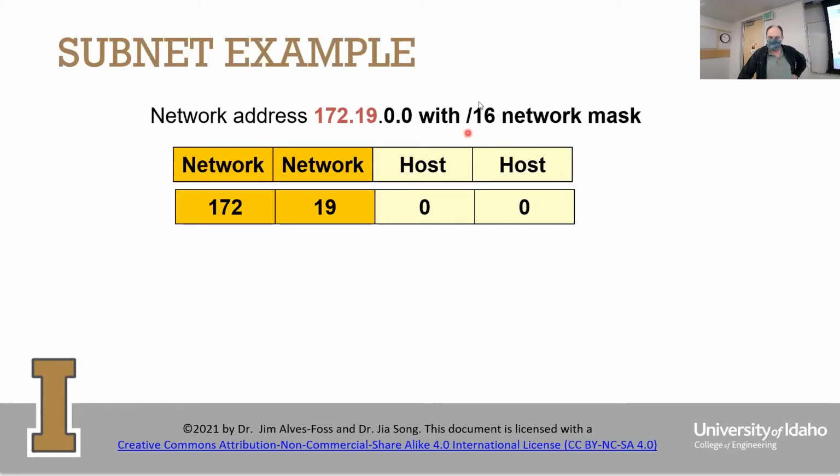So in this case, the last 16 bits are for hosts. So in this case, we have 16 bits, 65,536 possible numbers, 0 through 65,535. With the last one being a broadcast address, the first one being the network address. And our network, our class B network in this case, is 172.19. That's the normal way we write these. All right.